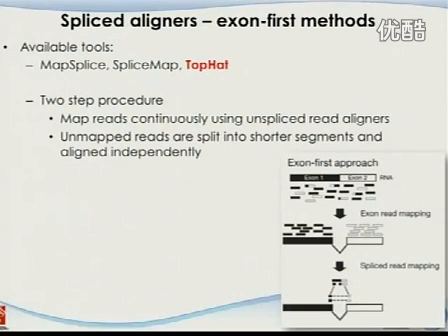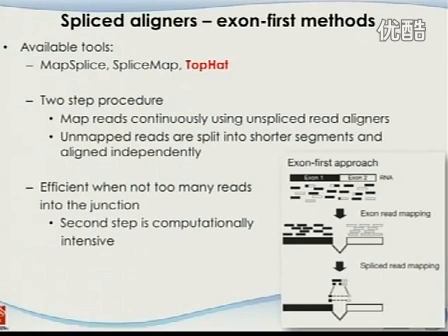The first step is to map reads continuously using unspliced read aligners against the genome. And the second is that the unmapped reads are split into short segments and then aligned independently and joined together. Okay? The good thing about this approach is the efficiency when not too many reads are across the junctions.